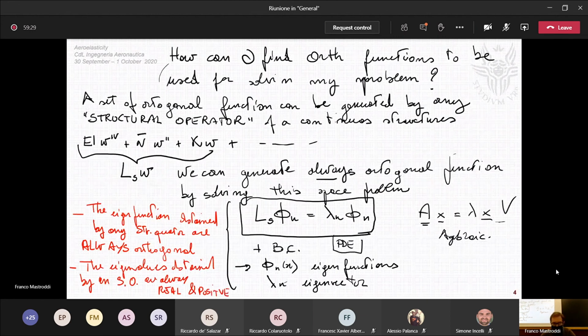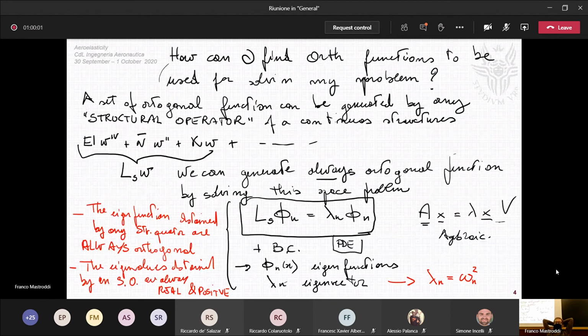Always, please, always. And therefore, we are authorized to call lambda_n the square of a quantity, omega squared. Probably you know this very well. Okay, I stop here. I just want to give you one piece of information.